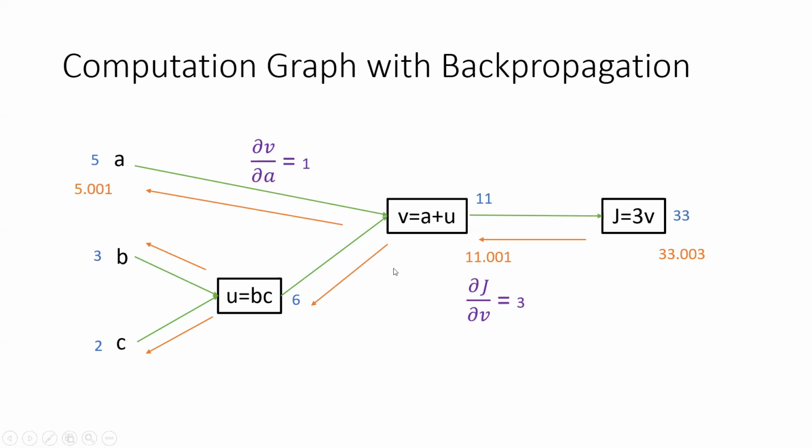Okay, now let's move to the other nodes as well. We can increase 6 by a little bit, 0.001. Then U is now 6.001, and A is still 5.